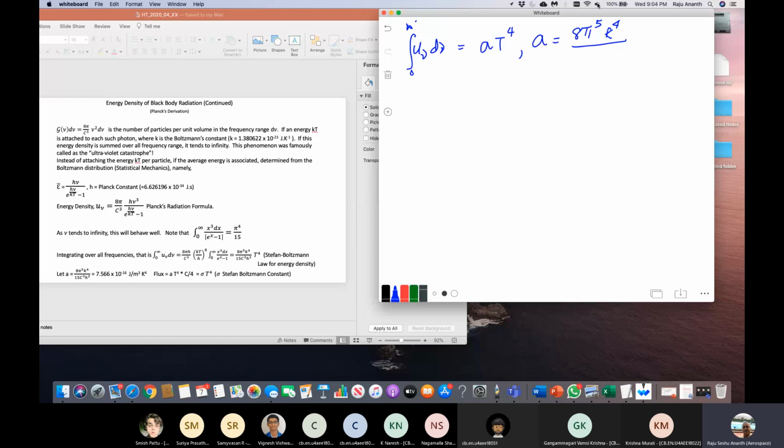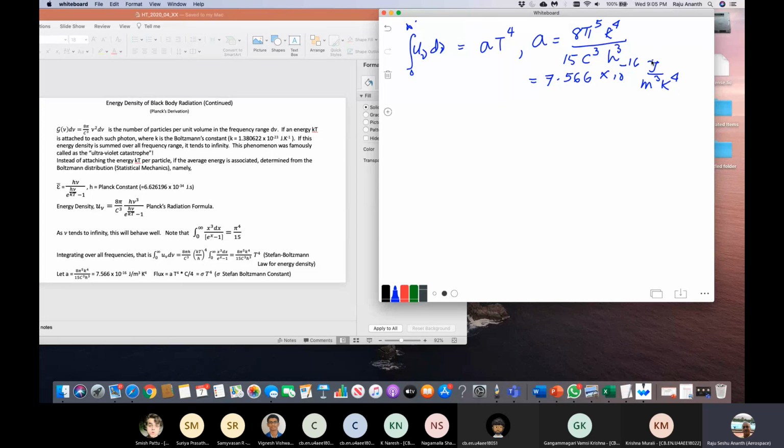I'll show you exactly what they all are. And then if I put all the numbers in there, it becomes 7.566 times 10 to the power of minus 16 joule per meter cube Kelvin to the power of 4.